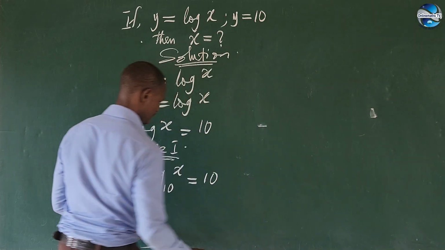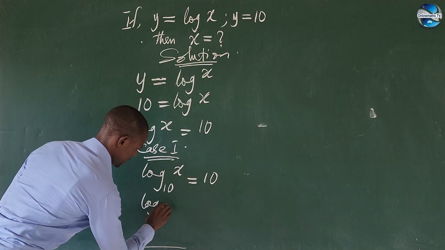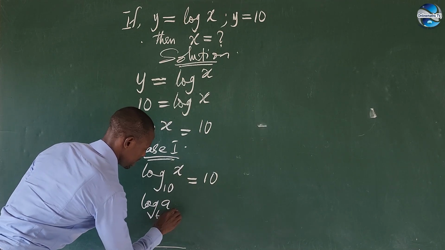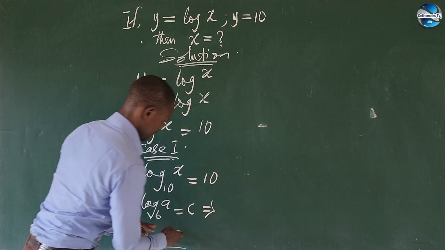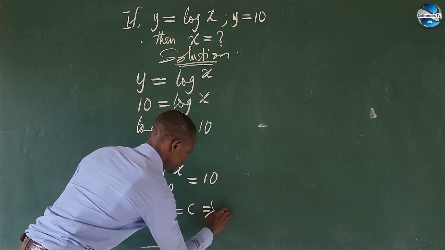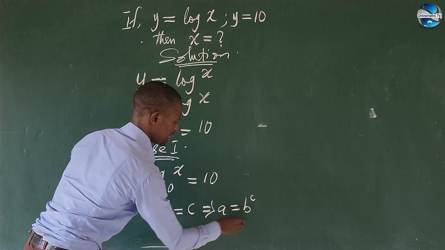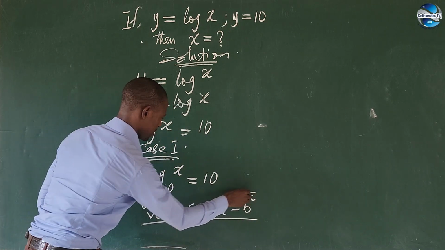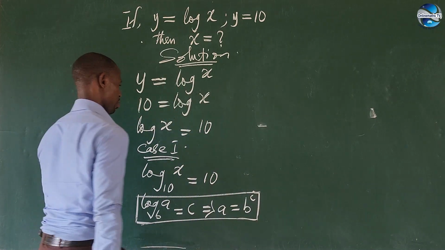For instance, if you have log a to base b equal to c, taking this to index form gives us a is equal to b to the power of c. Remember this? This is a very strong relationship between indices and logarithm.